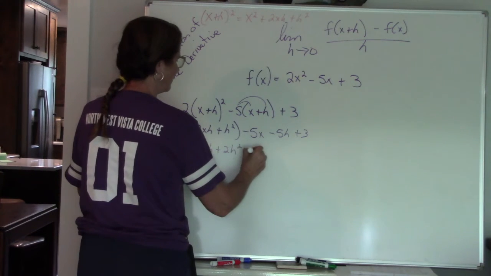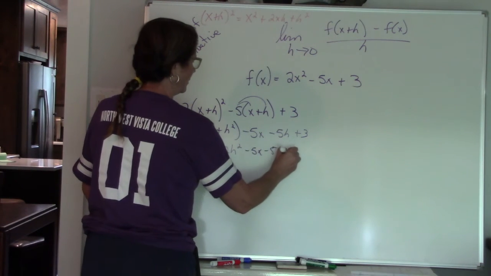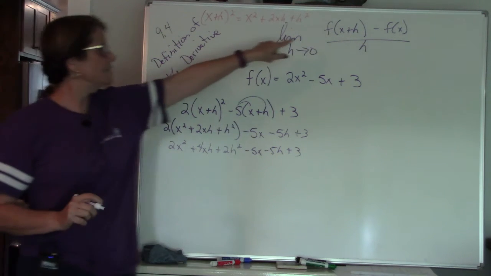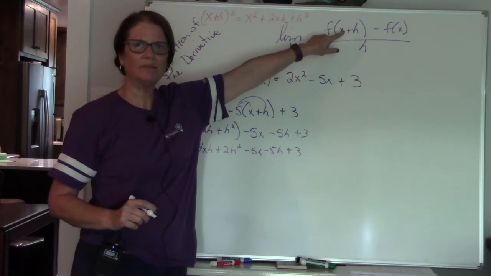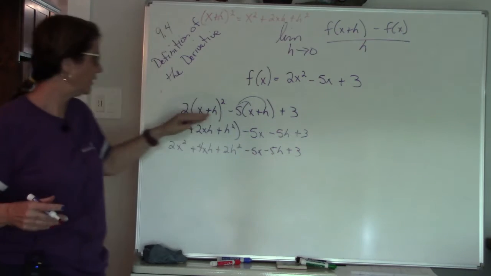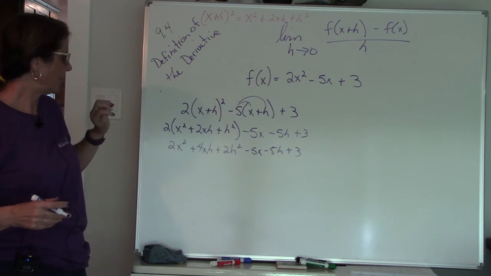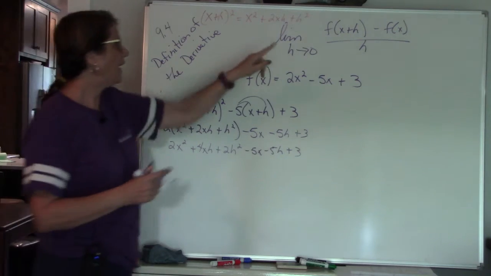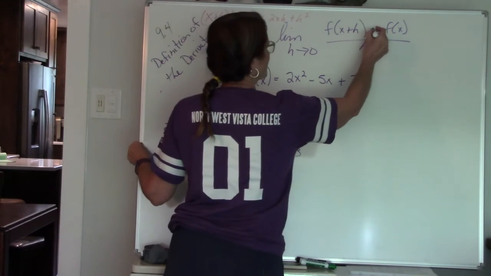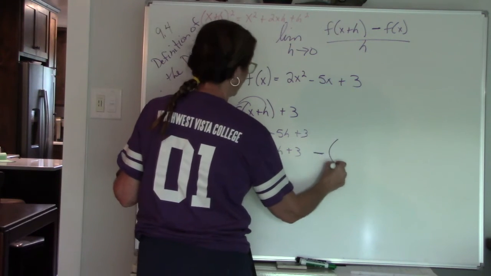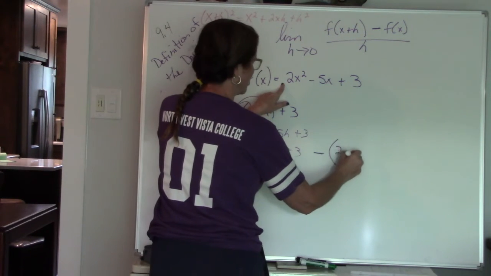And then I'm just going to finish writing. Okay, so this is this first step. That's all I've done. Okay, again, algebra. It's being able to keep track of my signs, keep track of my like terms, and so on. Now, this says subtract off my function. So I'm going to subtract off my original function.